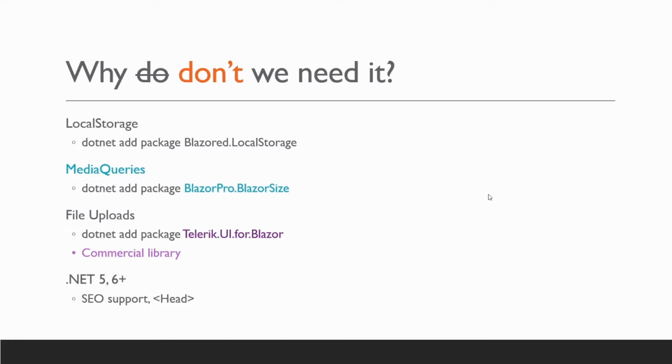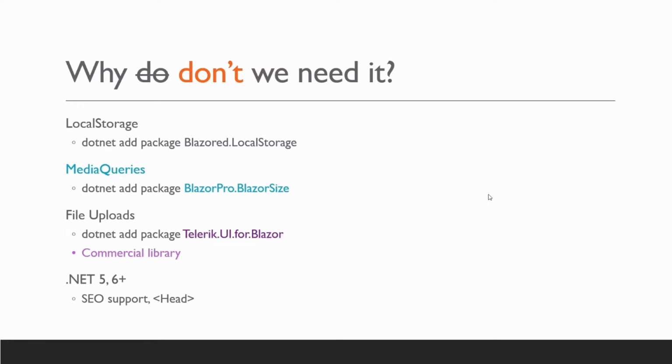The Blazor local storage package is a fantastic NuGet package that lets you write to local storage in the browser without using JavaScript yourself. Now, it uses it behind the scenes, but you don't have to write it. You write C# instead. We also have a package out there called Blazor Size to tackle runtime media queries. So you can write media queries using the component model within your Blazor application.